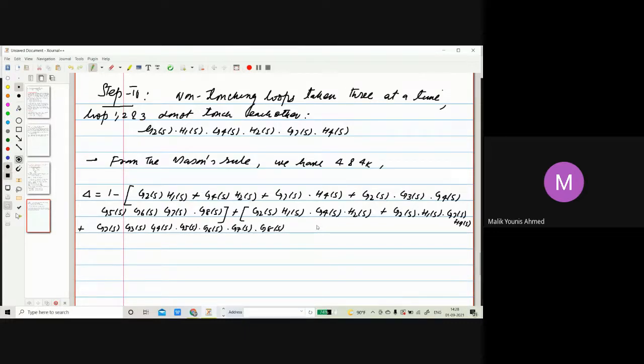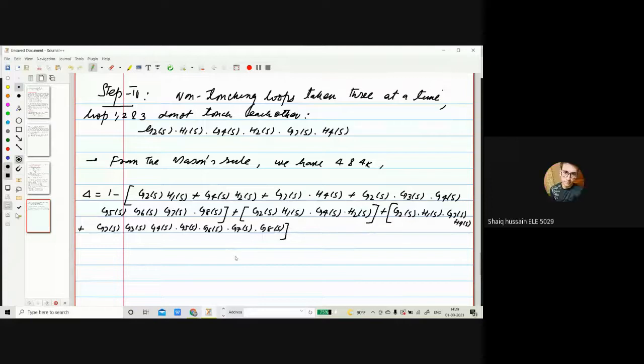We have got this loop. G2 first we have taken, no problem. Second we have also taken. Third is this combination. Let's take them one by one like this. Now this is like this and this.